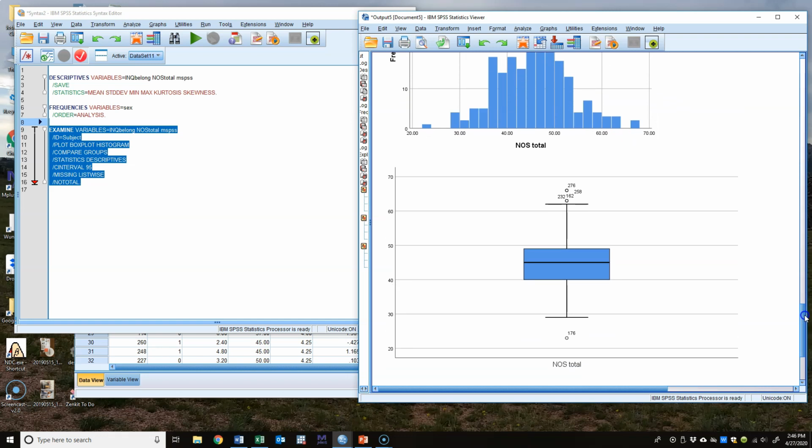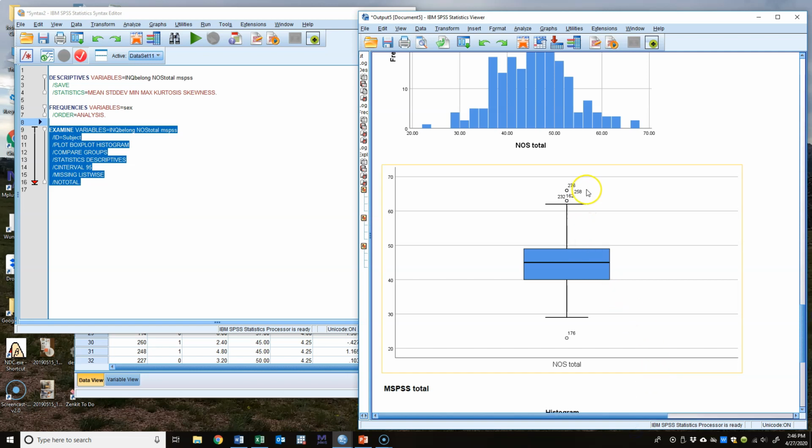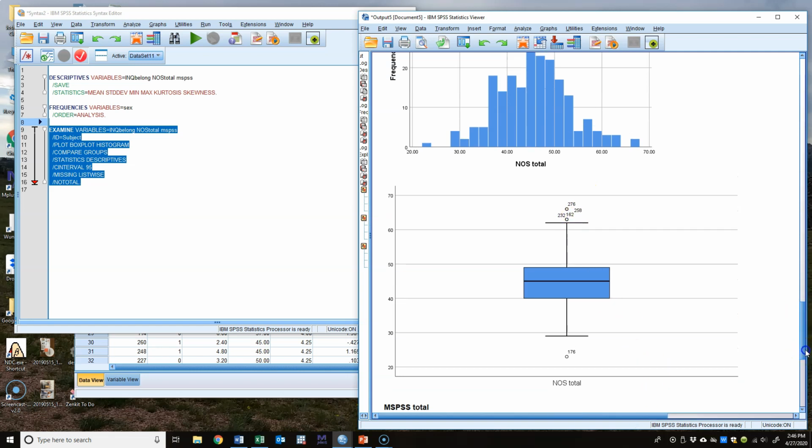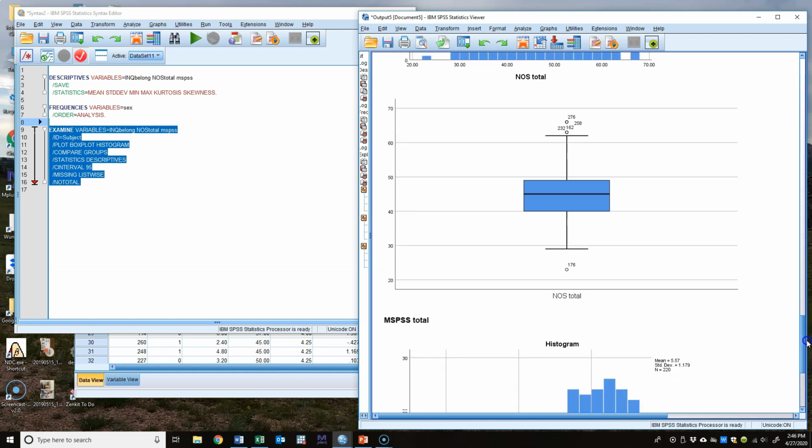In our box plot, same thing. We're seeing 4 cases that are falling just above 1.5 times the interquartile range, probably this collection of cases up here. Case number 176 is falling down here. So we might want to note those cases in our screening, but overall nothing too concerning.